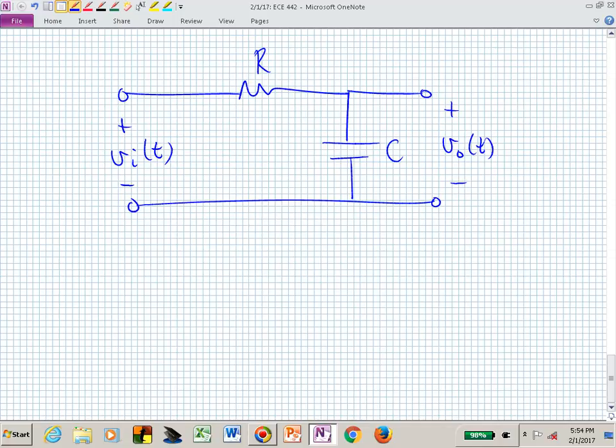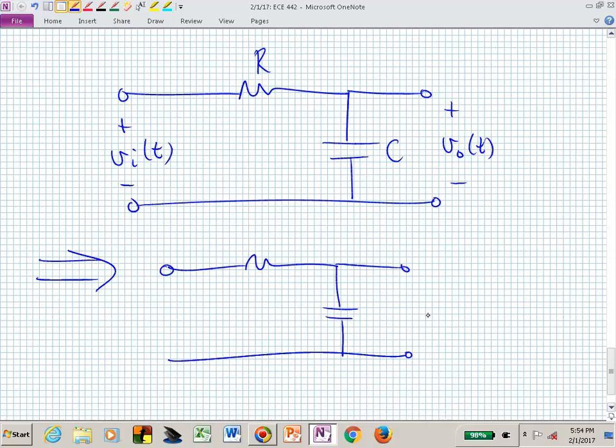But we can now use some algebra instead of differential equations. Meaning, if we now take this into the frequency domain, we have the same structure. What's the impedance, except now we need to look at impedance values for our R and C.